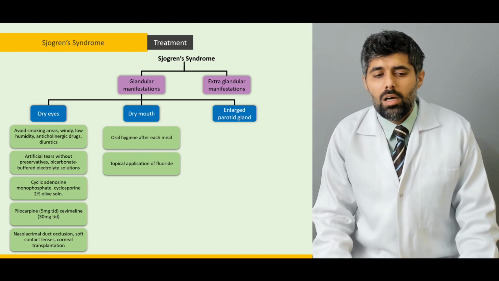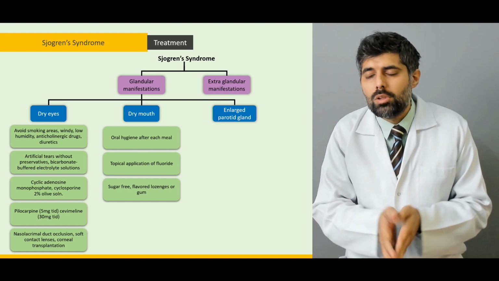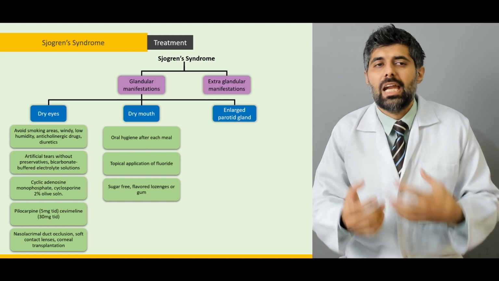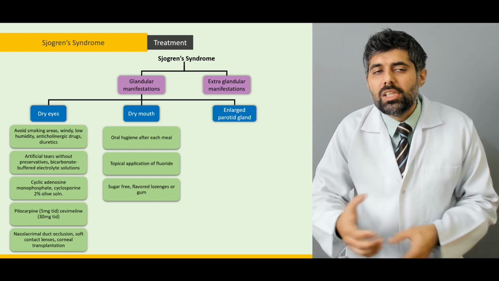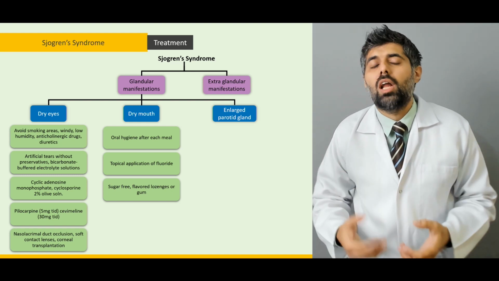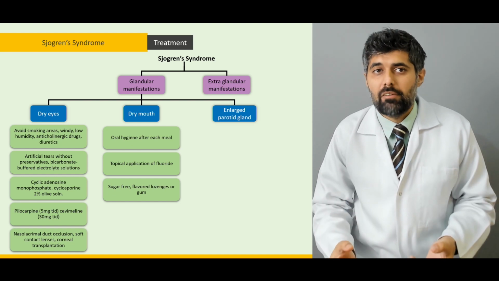As for the local stimulation for the dry mouth, we advise sugar-free flavored lozenges and gums, because chewing these gums and lozenges can have a mechanical localized effect on the salivary glands to produce more saliva.